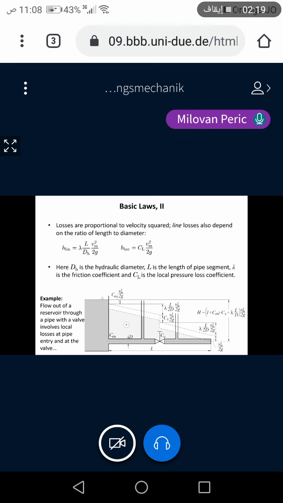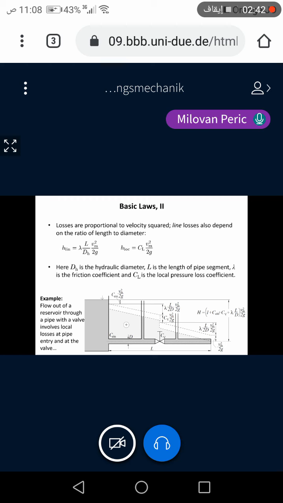Here's an example of flow from a reservoir through a pipe going out into the atmosphere, and all losses are proportional to velocity squared. Line losses depend on the ratio of the length to diameter of the pipe, and local losses depend on what kind of local loss it is.